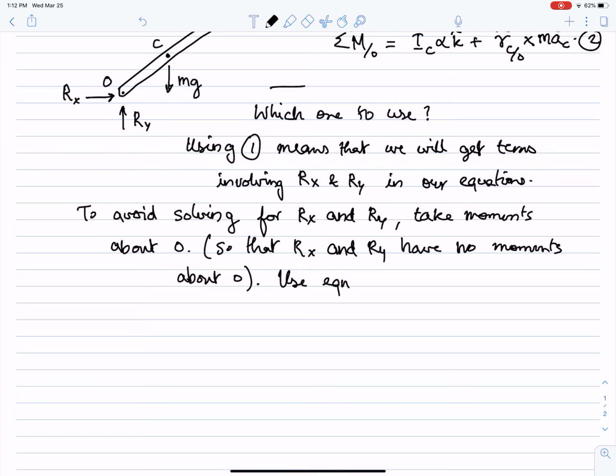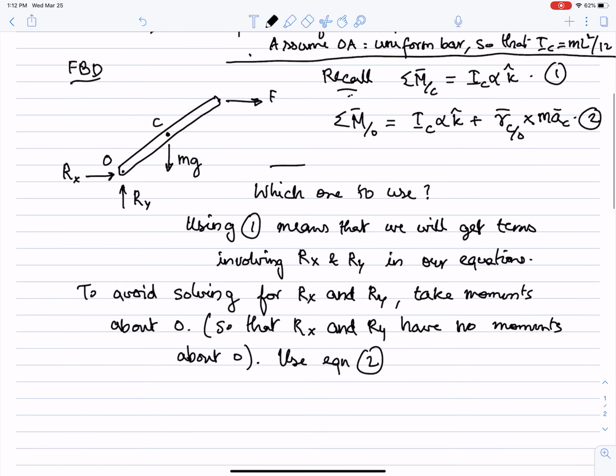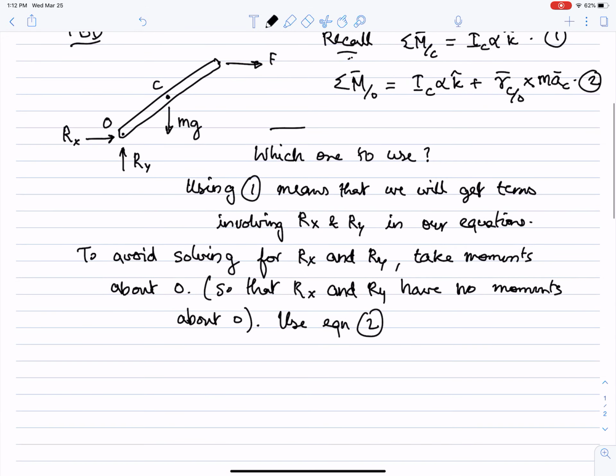Okay, so let's do that. Let's take moments about point O. So what's moments about point O? Well, Rx and Ry, they're not going to have moments about point O. We're going to have mg, and some of these things you can just write out the answer directly, or you can try to do the cross product to find the moments.